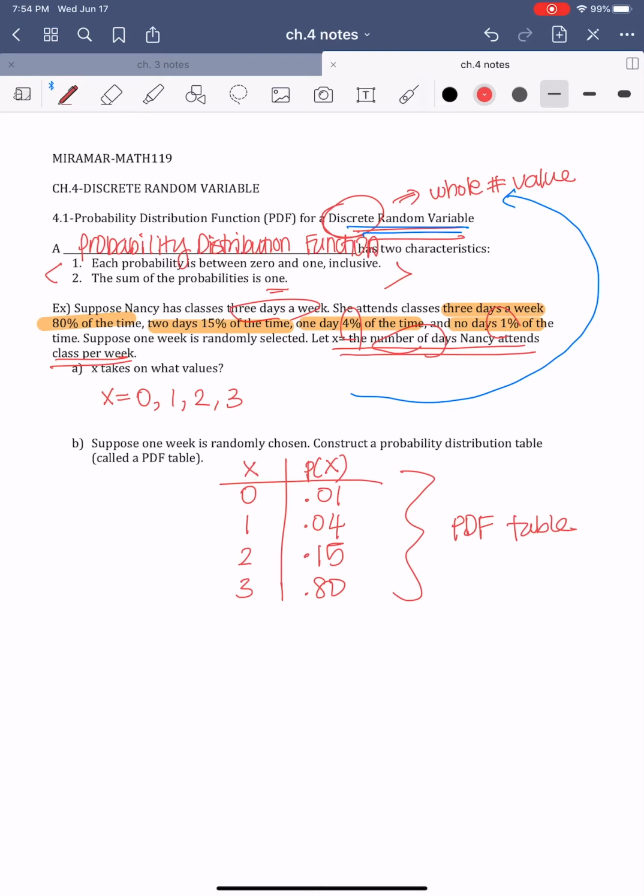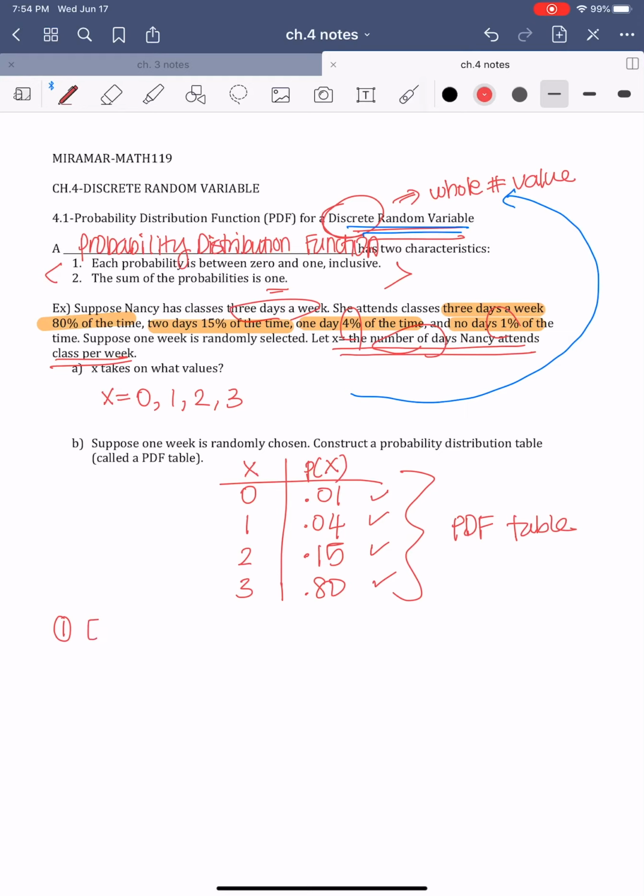Number 1, each probability is between 0 and 1. Well, here 0.01 is between 0 and 1. 0.04 is a value between 0 and 1. 0.15 is a value between 0 and 1. And 0.80 is also a value between 0 and 1. So number 1 is met.